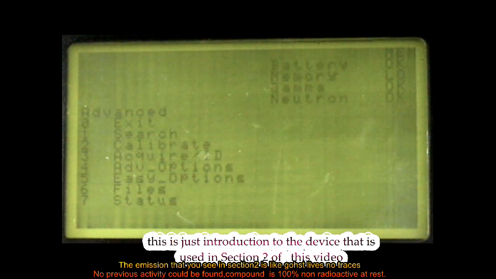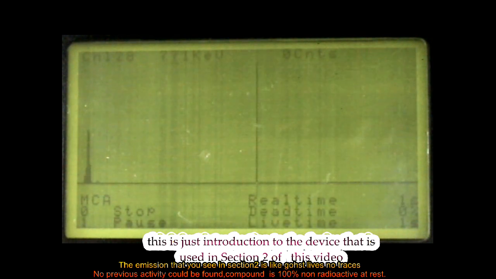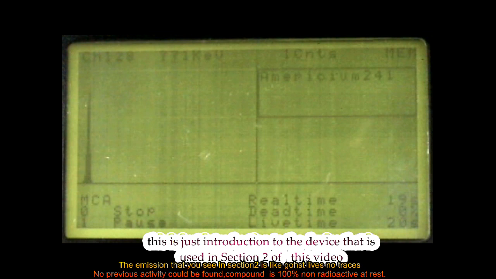Number 3, acquire ID. On the right hand corner there is identification of americium 241.